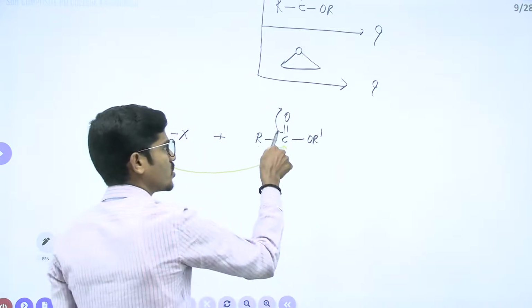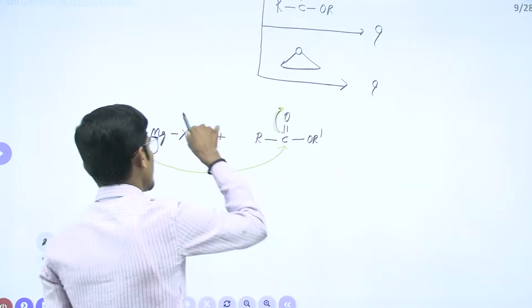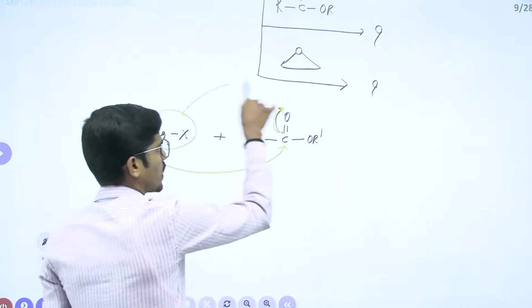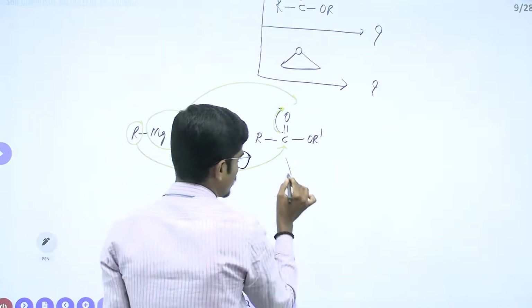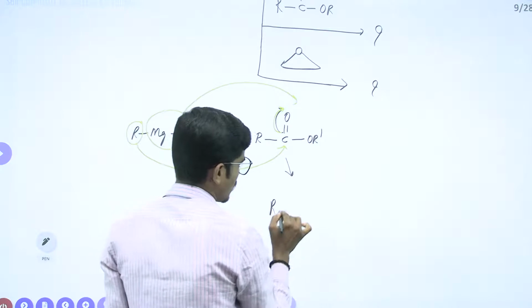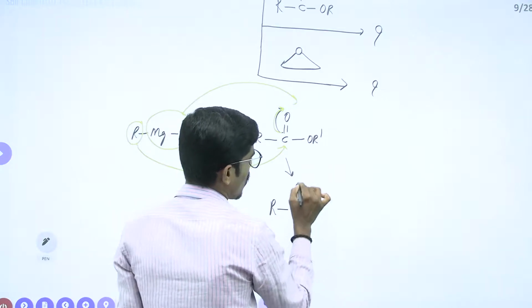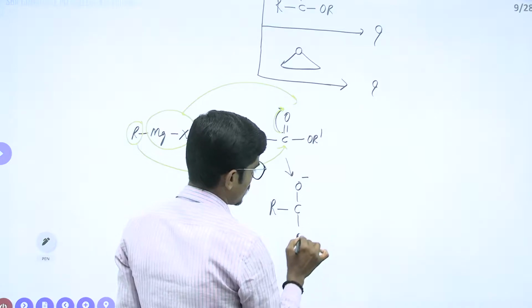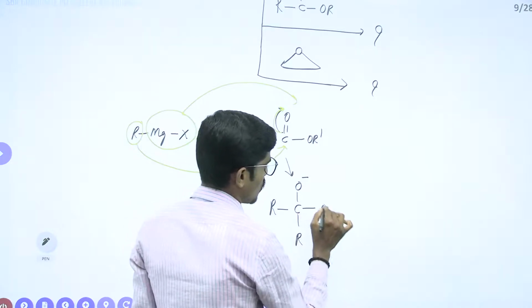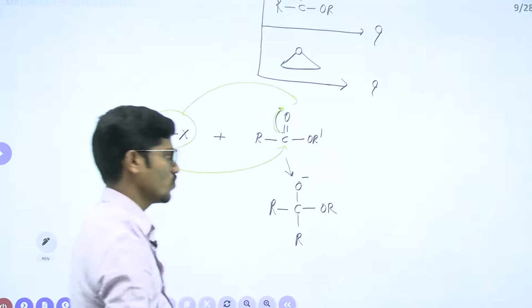One bond will get shifted onto this oxygen, the other part will attack here, which gives rise to R, C, O minus, O minus, and this is an alkyl group, this is OR.